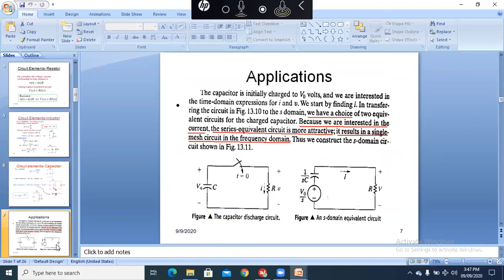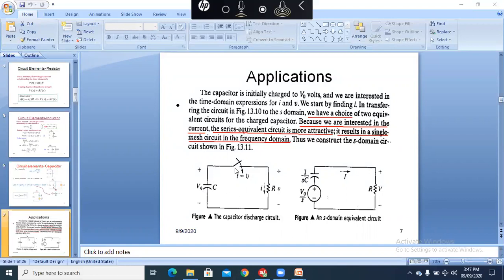Now we see the applications. For example, there we have a capacitor and there is an initial voltage V naught across it. This is the initial charge stored across the capacitor, and this capacitor is discharged through this resistor.